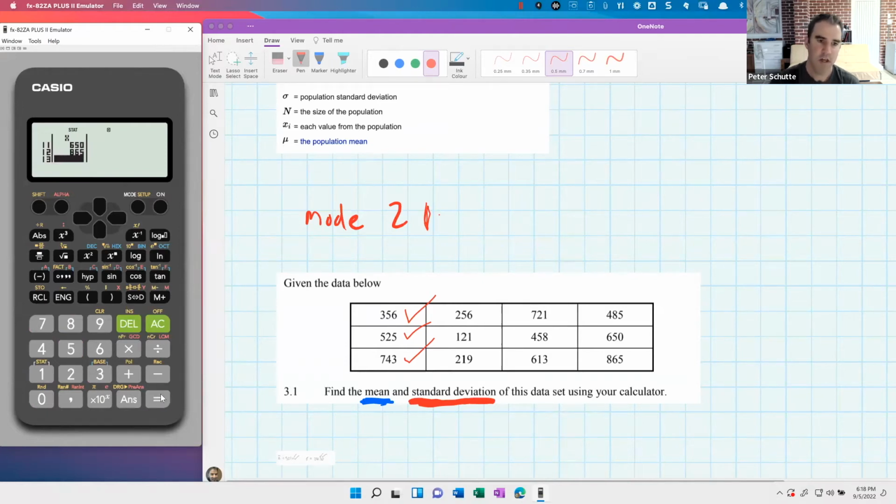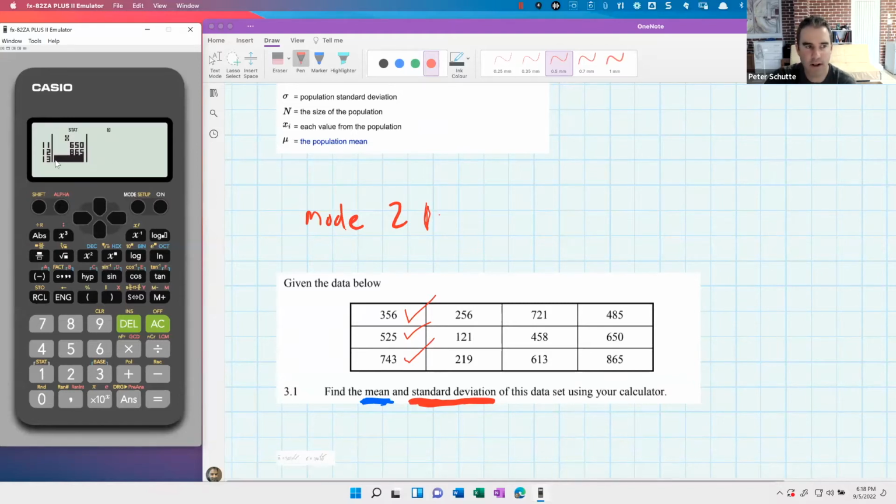Okay, so all we've done so far is hit mode 2 and then 1, and we're putting these data items that you can see on the screen into the memory of my calculator. And you'll see there's a little stat button at the top here.